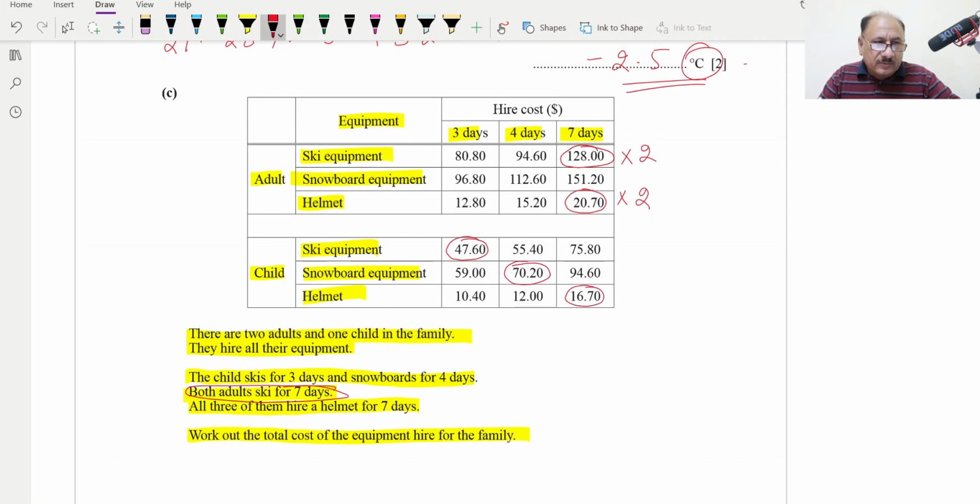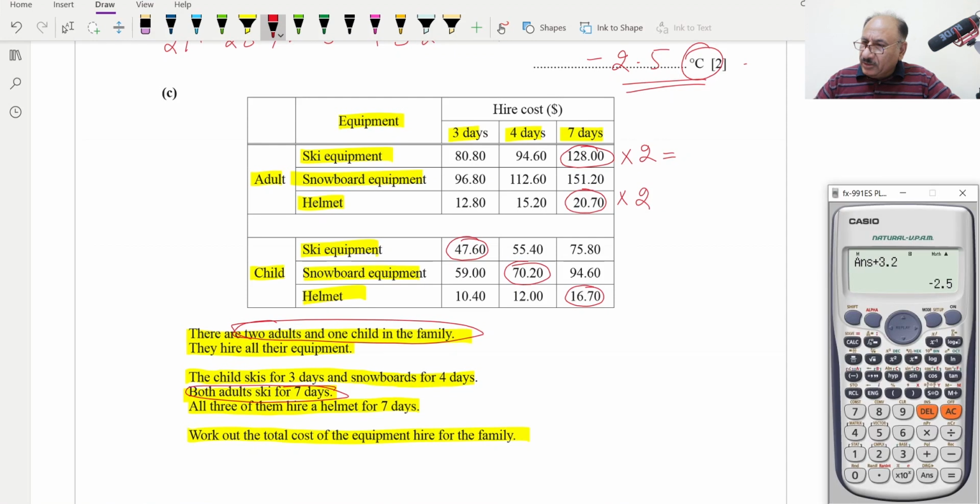And there are three children basically. Sorry, there is only one child. There are two adults and one child, not three children. So the rate for the child will not be multiplied, whereas the rate for adults will be multiplied by 2.